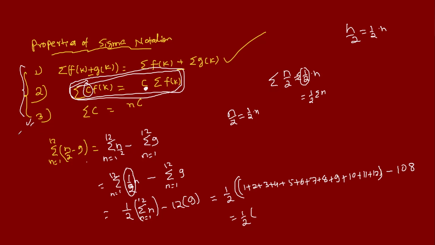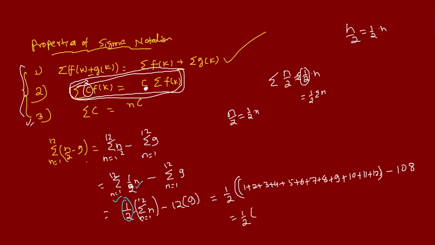12 is actually the upper limit. You will go from n is equal to 1 to 12. Half is constant. Half can never be changed. No, but isn't it 6? Because you do 12 by 2.